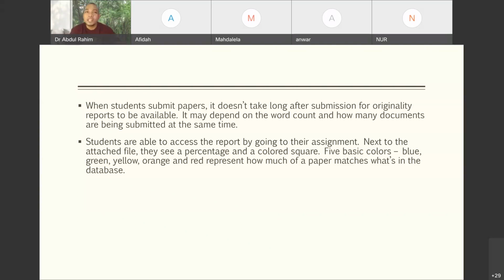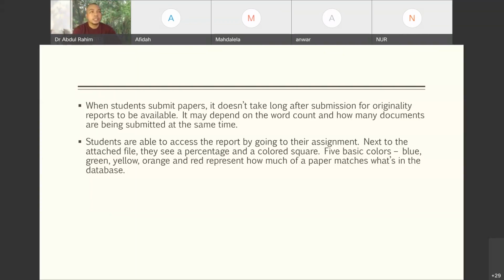Later on we will have the technical part where I will show you a real example. All these colors represent percentages of similarity, so they use different colors to detect matches in the original text.